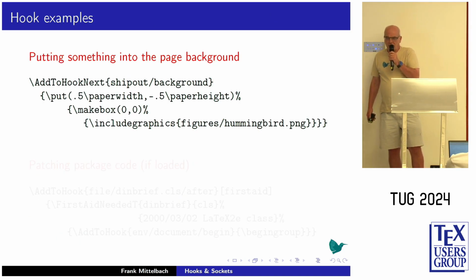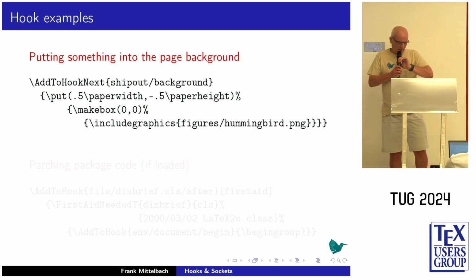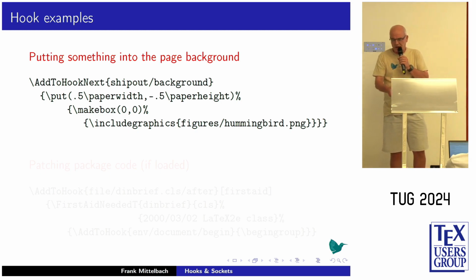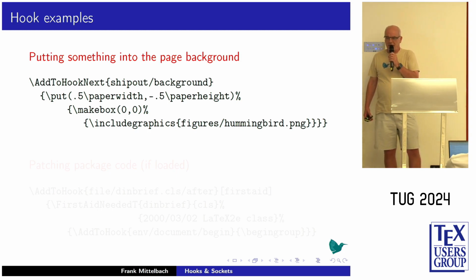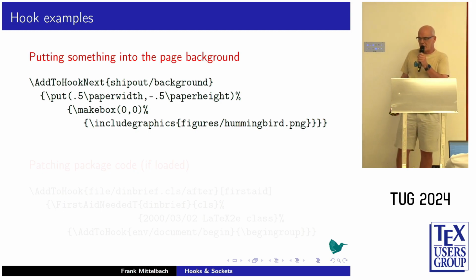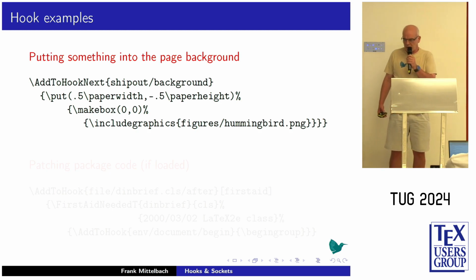Okay, I'm not going into details about syntax and so on, but I give you a couple of examples, and I think you can at least get the idea of how this works. So, for example, here we have a command called add to hook next that adds some code to the shipout background hook the next time that one is invoked.